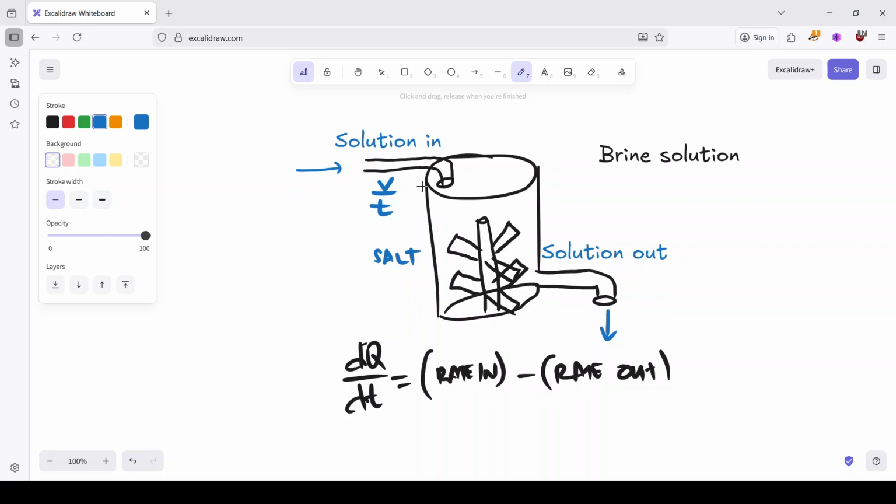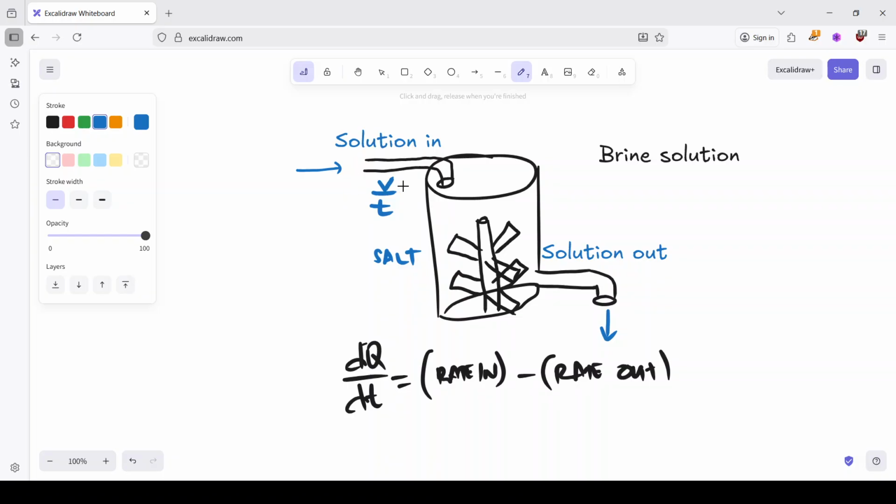That's how the solution is going in or going out of the system. Other examples of volume over time: liters per minute, liters per second, liters per hour, etc. In this problem, gallons per minute. So volume of the fluid over time going in.